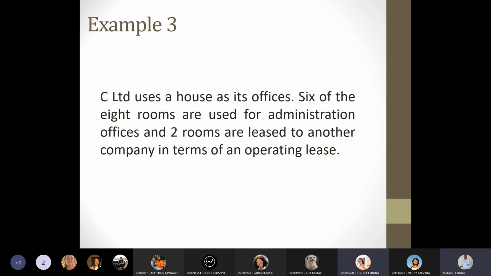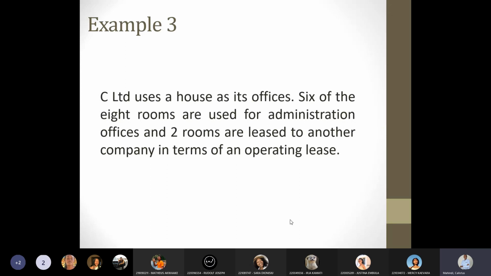The 2 rooms cannot be sold separately, right? They cannot be split from the entire house. It's a joint use property. But in this instance, this house will be classified as owner occupied property in terms of IAS 16, since the significant portion is owner occupied and is used for administrative purposes.